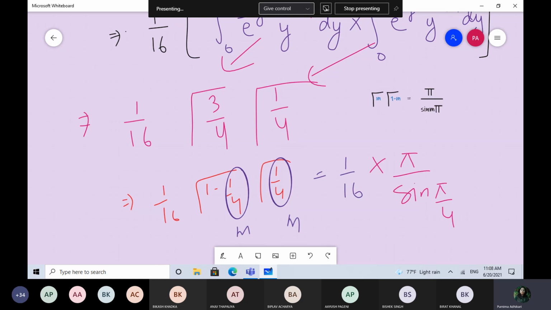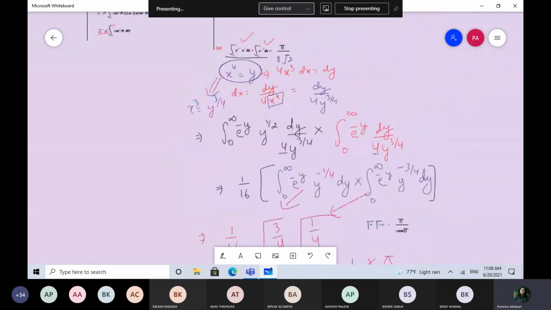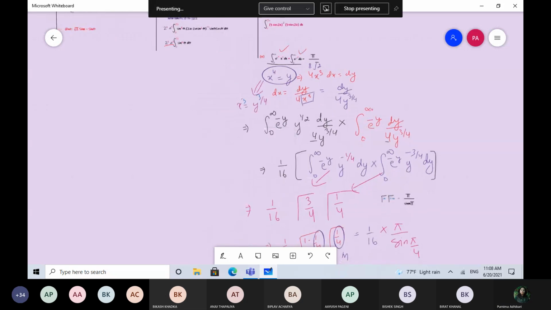Pi by 16√2. What is sine pi/4? It is 1 divided by √2. So when you simplify, you will get pi/16√2.